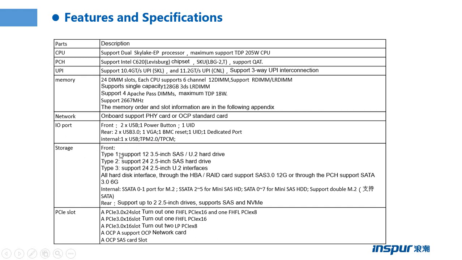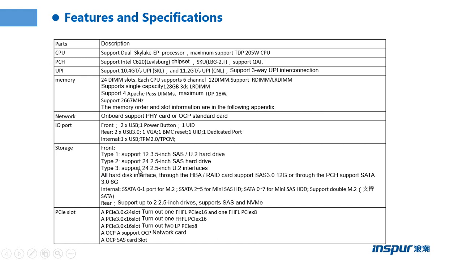The storage front, it divides into 3 types. Type 1 supports 5 inches SAS or U.2 hard drives. Type 2 supports 24 2.5 inches SAS hard drives.